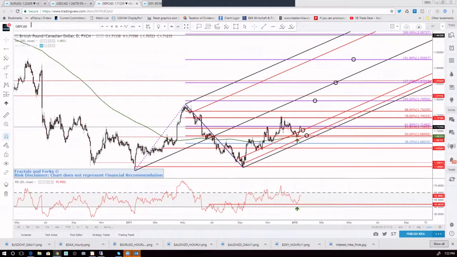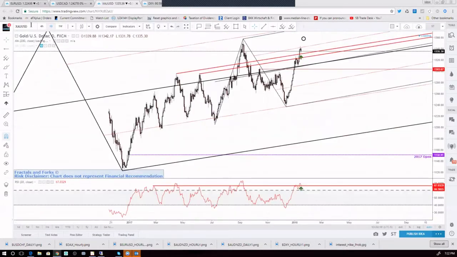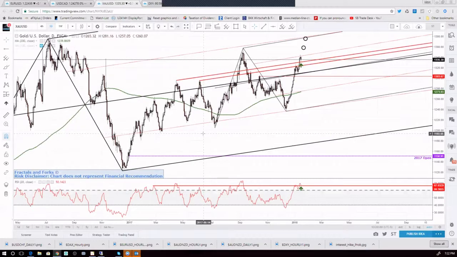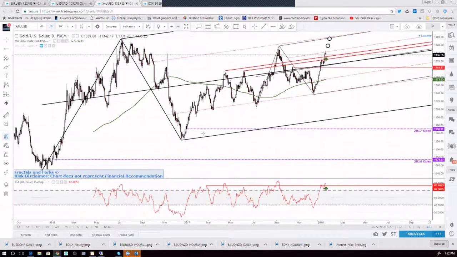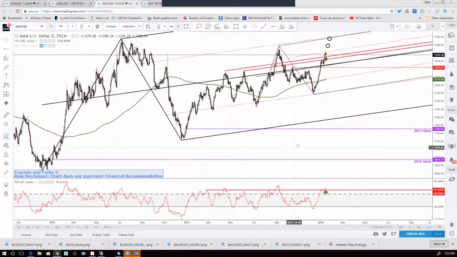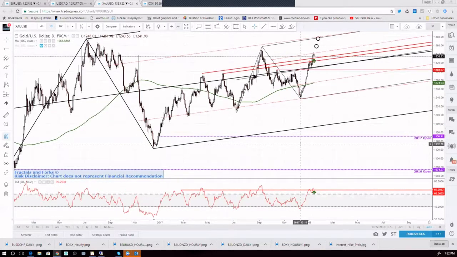Gold. Yeah, as I said, I'm also not a fan yet of shorting gold. It's the theme of the day, right? It's very difficult to know, is this just a pause day, Tuesday after the holiday?